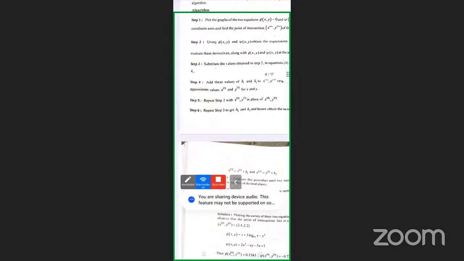The second iterative x2 is equal to x1 plus h2, and y2 is equal to y1 plus k2.